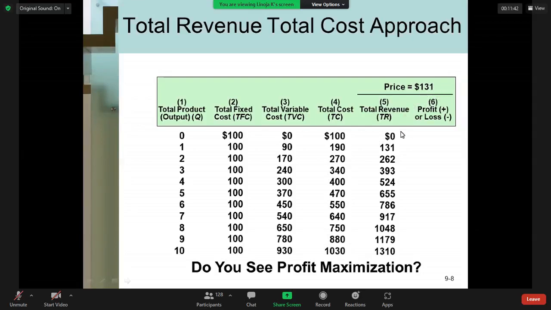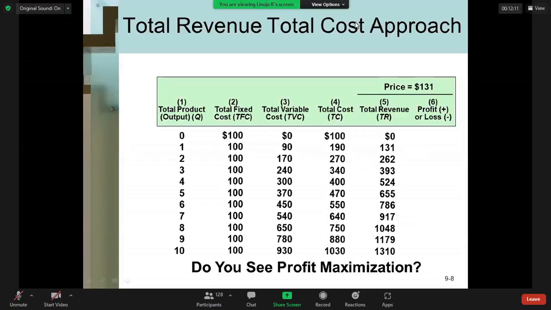Then you can find out the total revenue, that is quantity into price. Price into quantity, right? 131 into 0 is 0. 131 into 1 is 131. Likewise, this one you have already calculated. So this is total revenue. Is it okay?